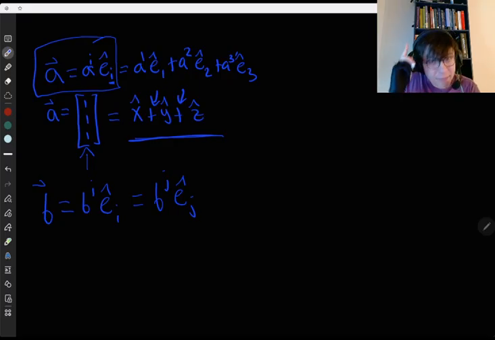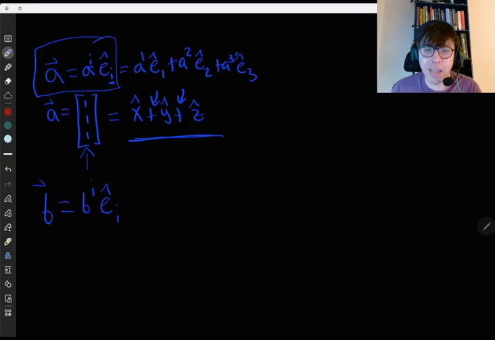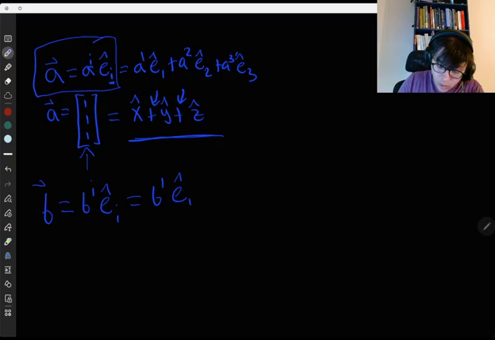If they are the same thing, we sum over them. If they are not the same thing, we don't sum over them. So in this case, it doesn't really matter. But for clarity's sake, when you have multiple of these things together, you want to use different letters, which we'll see in a second, right? So in this case, B is equal to B1 E1 plus B2 E2 plus B3 E3.